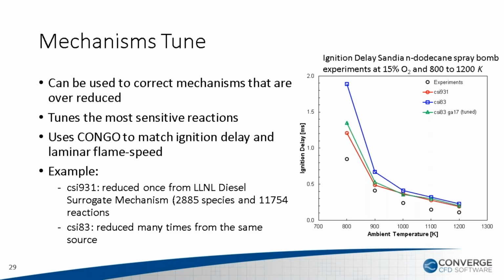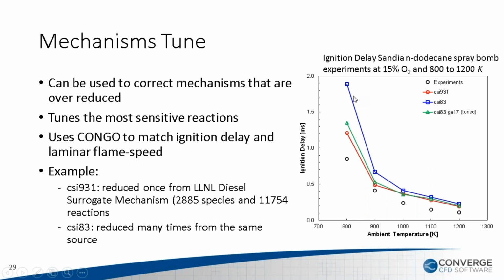For example, here we have a CSI 931 mechanism that we reduced once from the Lawrence Livermore diesel surrogate mechanism. Then we have a really small mechanism that we further reduced that has 83 species, which we call CSI 83. It's overly reduced by any standard. We don't encourage it.